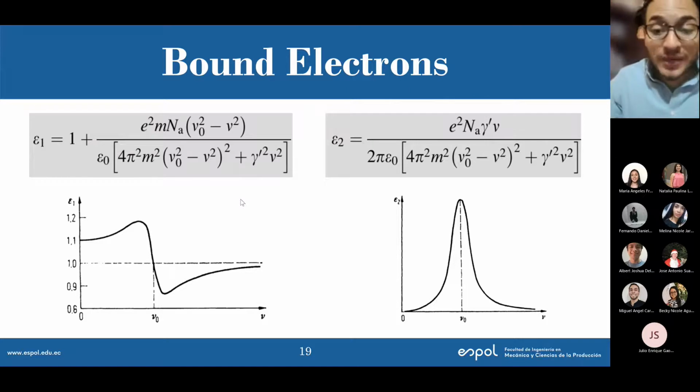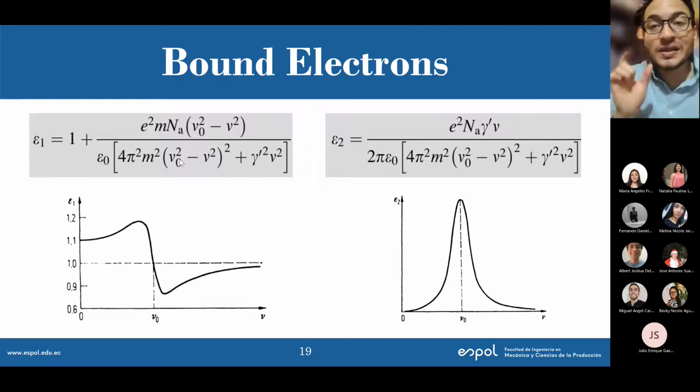So Na is basically the number of atoms per unit volume. It's equivalent, right? Because if we have one oscillator per atom, it's just the number of atoms per unit volume, obviously. So that's what Na means. And then omega naught and omega, those are just frequencies. And there's also a new term here that is gamma prime. You guys can see gamma prime here. That is the damping parameter.